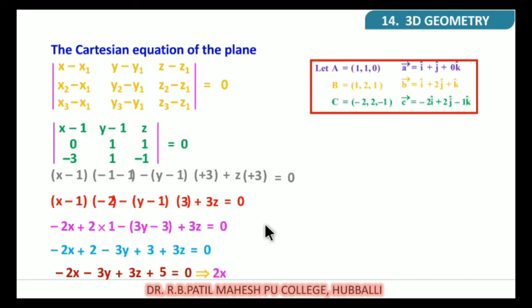Therefore, taking all three terms to the right hand side, it becomes 2x plus 3y minus 3z is equal to 5. So this is the required Cartesian form of the equation for this given problem.